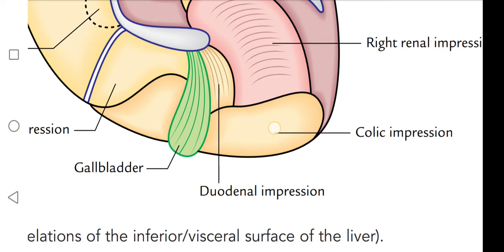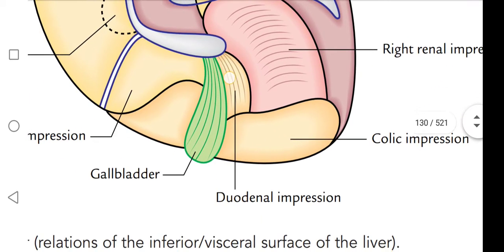This is the colic impression. The right colic flexure is related to the inferior surface, to the right of the gallbladder. In the inferior margin we call this the colic impression.